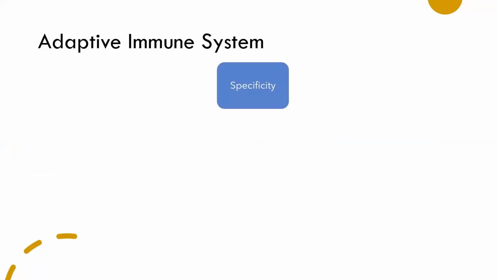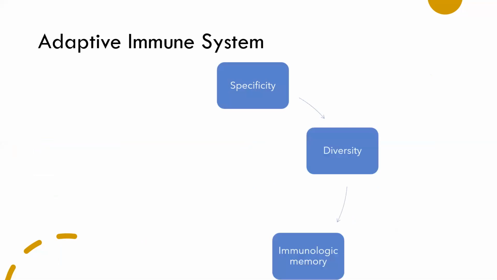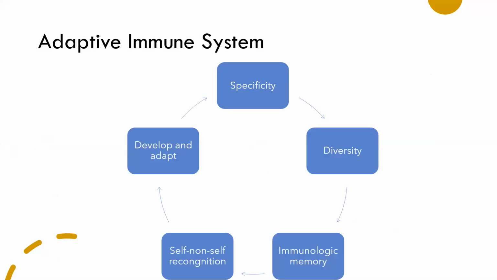So we said it has specificity, diversity, immunologic memory, it can recognize self and non-self, and over time it can develop and mature, and depending upon different exposures and different environments, it can adapt itself. That is why it is called the adaptive immune system.